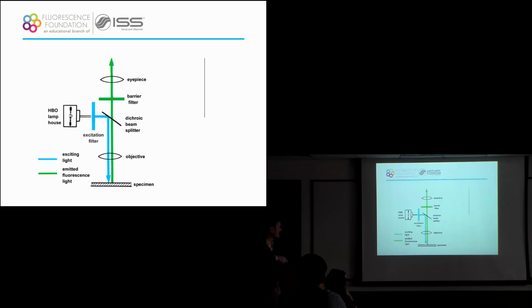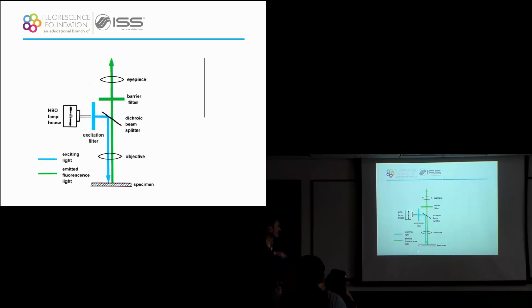The specimen absorbs the light, re-emits the light. The fluorescence, which occurs at longer wavelengths, like we learned yesterday, is transmitted through this optical filter or dichroic beam splitter. And it reaches all the way the eyepiece or where we have our detectors. So this is called an upright geometry because the light illuminates the sample from the top down.